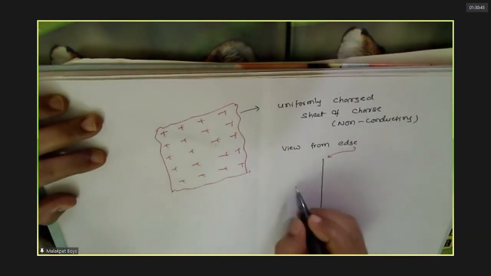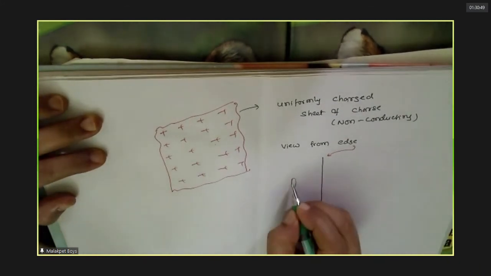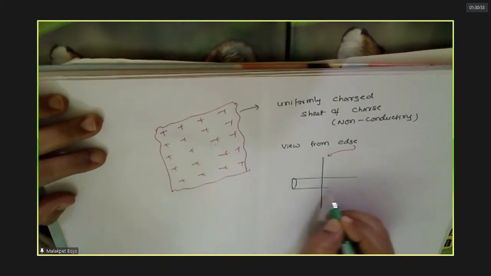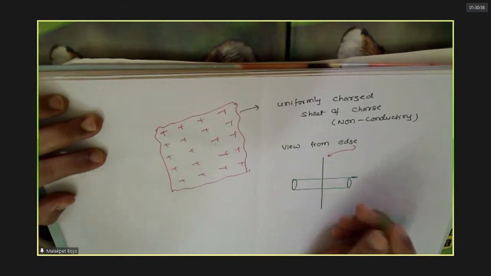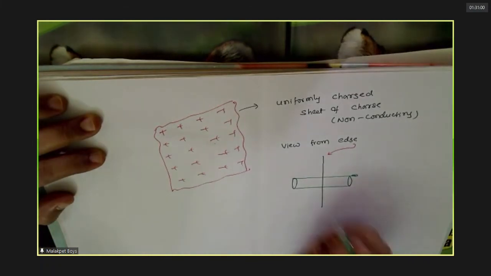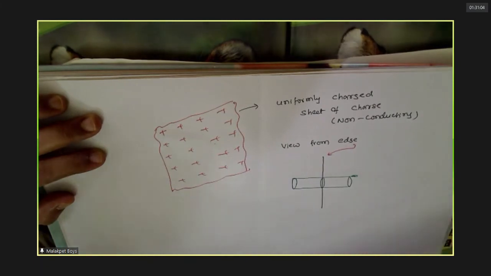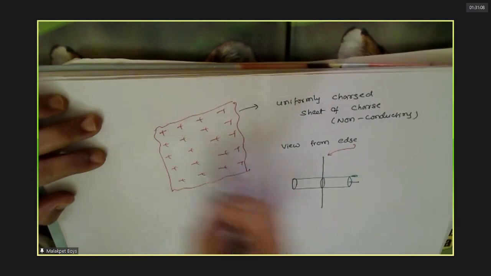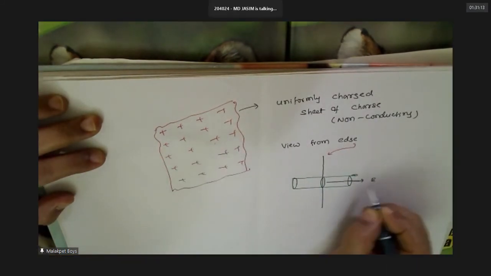Now I'll take a Gaussian surface such that it pierces this. That means this is exactly passing through. This means this is enclosed by this. Till here you followed. Now you can see that due to the sheet, the electric field will be like this only, no?